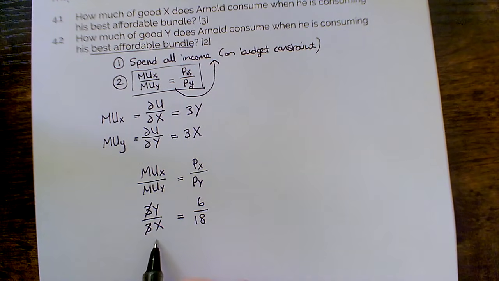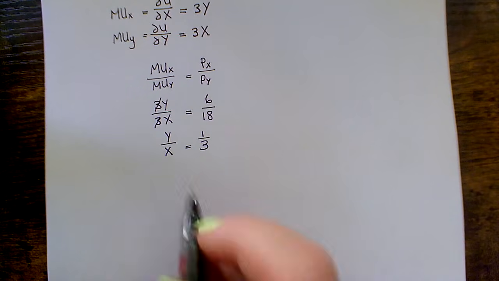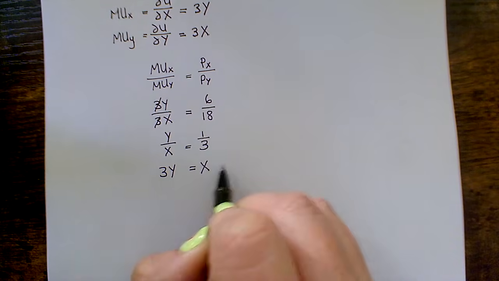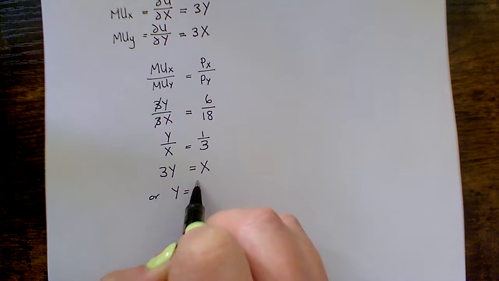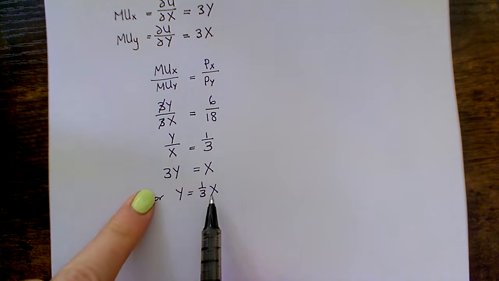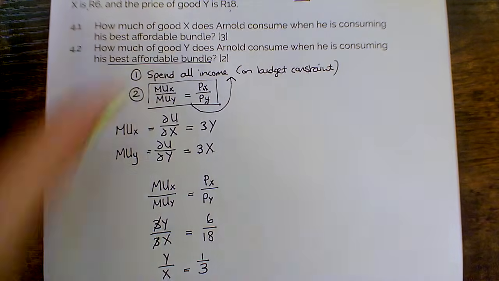So what I have is Y over X is equal to a third. And so if I rearrange this, I could either get that 3Y is equal to X or Y is equal to a third X. So either of those two I could use as a substitution into my budget constraint.